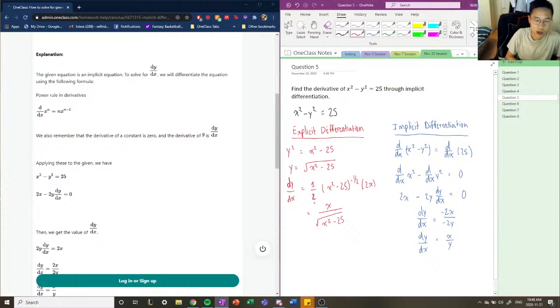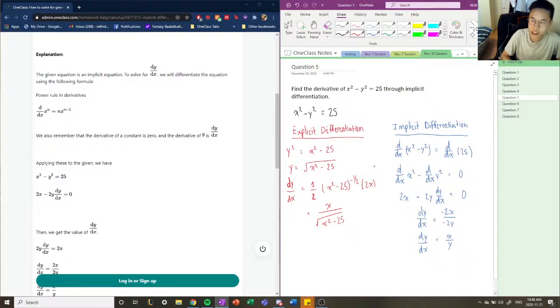So that is our explicit differentiation, and we see here that our function is in terms of only x, okay? So we have derived in two different ways, but our derivative dy/dx is in terms of x and y through implicit differentiation, and our explicit differentiation is only in terms of x.